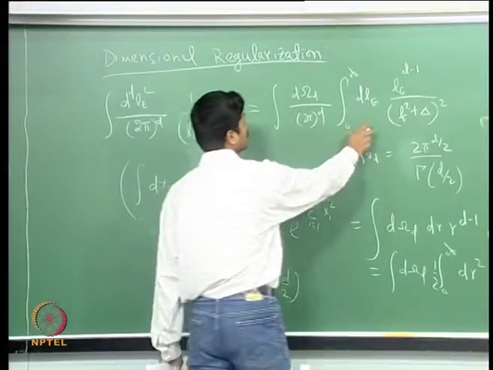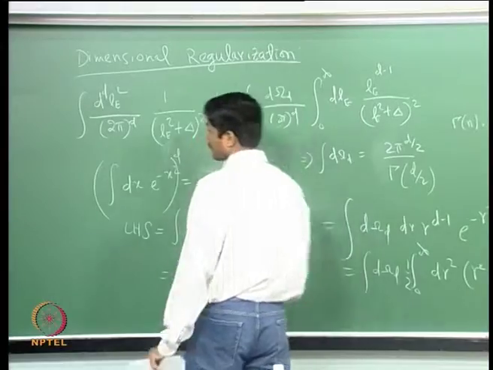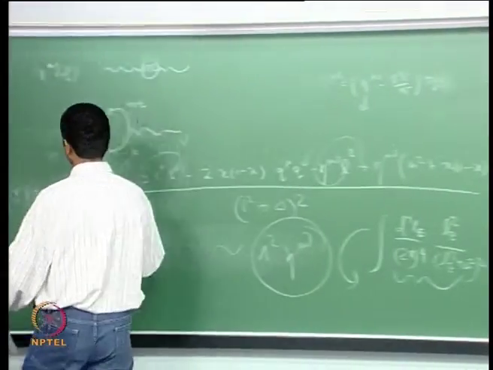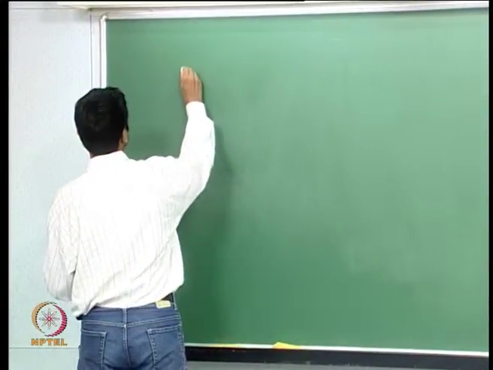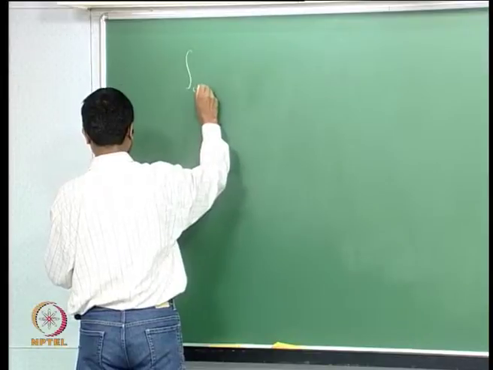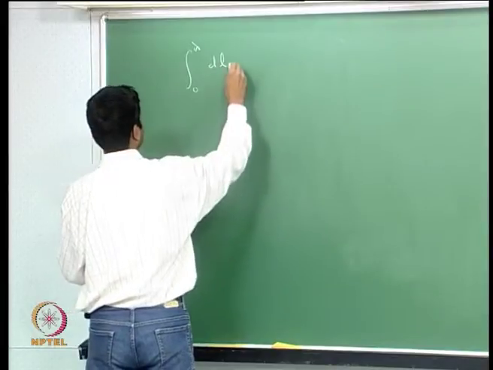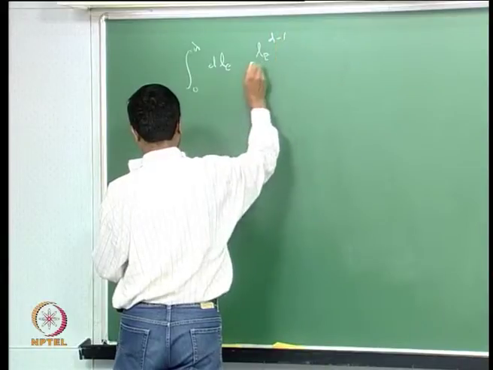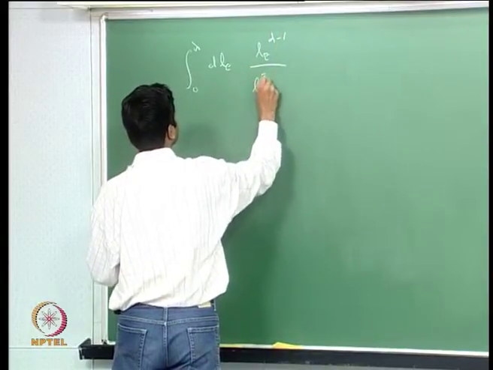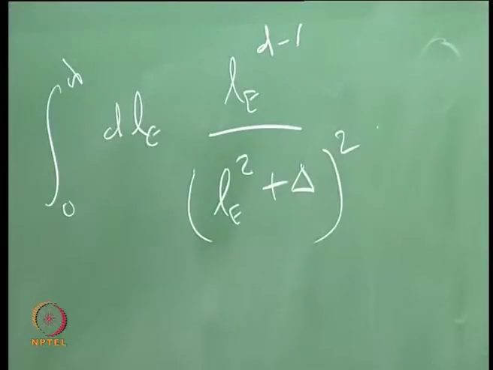What is left is the second term here. So we will quickly evaluate the second term in this expression. To do that, I need to evaluate this integration, 0 to infinity dL_E, L_E to the power d minus 1 divided by (L_E square plus delta) whole square.